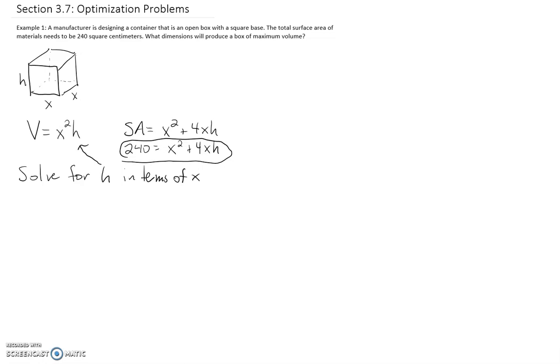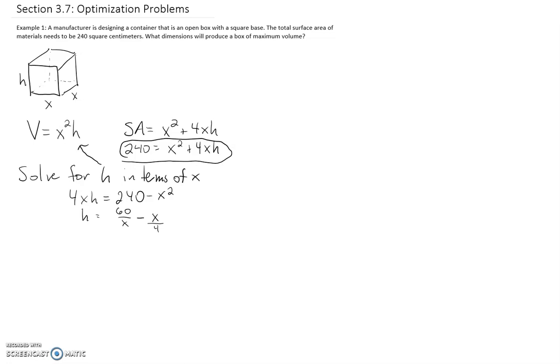Once we solve for h, we'll see that 4x times h is equal to 240 minus x squared. We divide over the 4x, and we have h equals 60 divided by x minus x divided by 4.